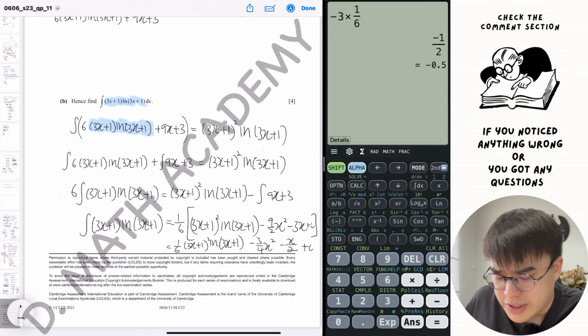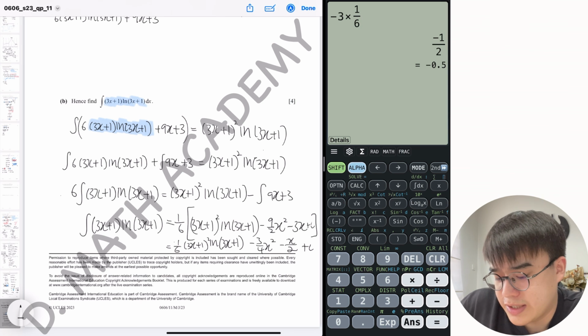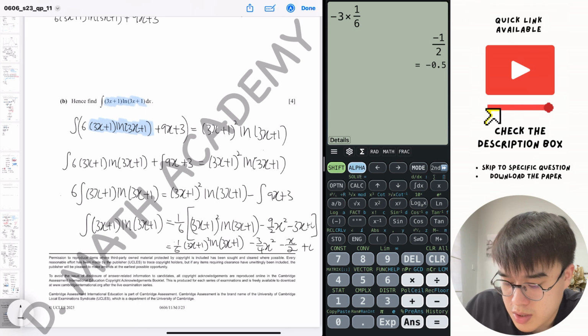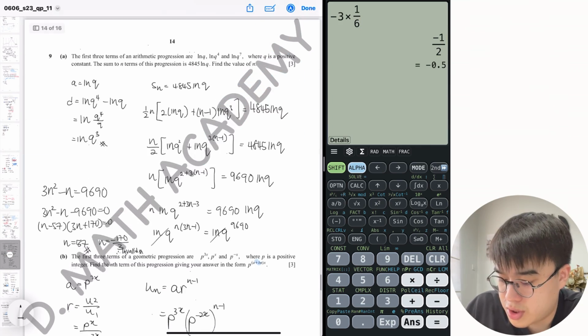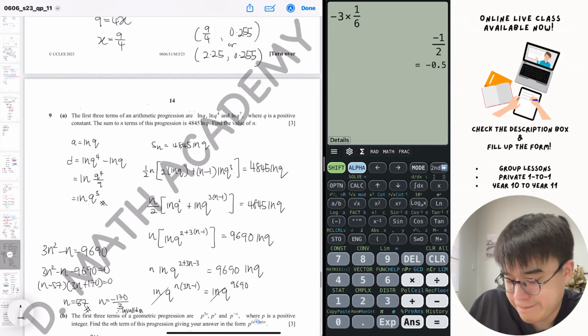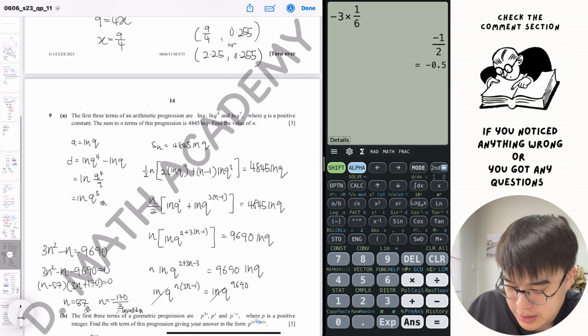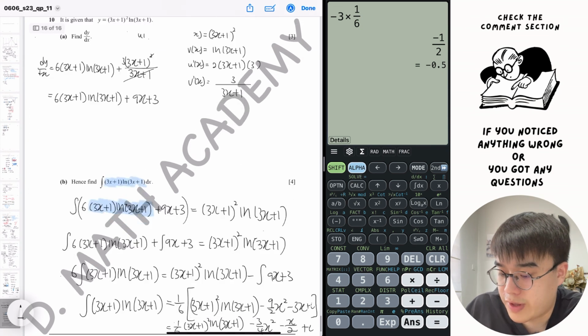Okay, the question that I think is slightly challenging or troublesome will actually be this question 9. That's the one that I find the hardest. Some students might struggle with 10b.